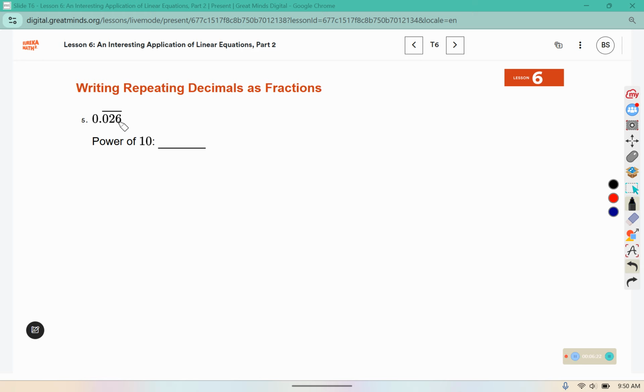This one has 3 decimals that repeat, so we're going to multiply by 1,000. That would move it 3 spots, so it would give us 26, and then the repeating chunk.